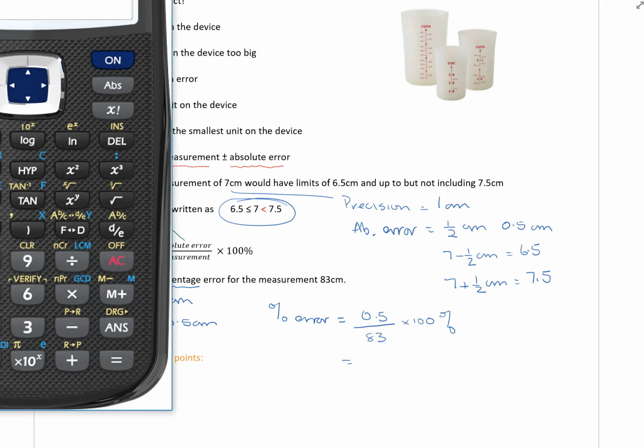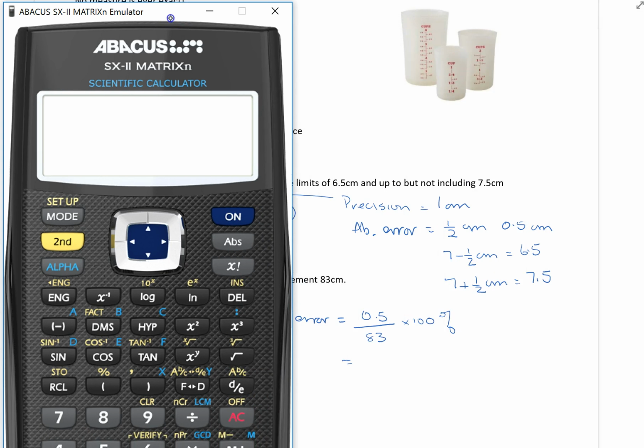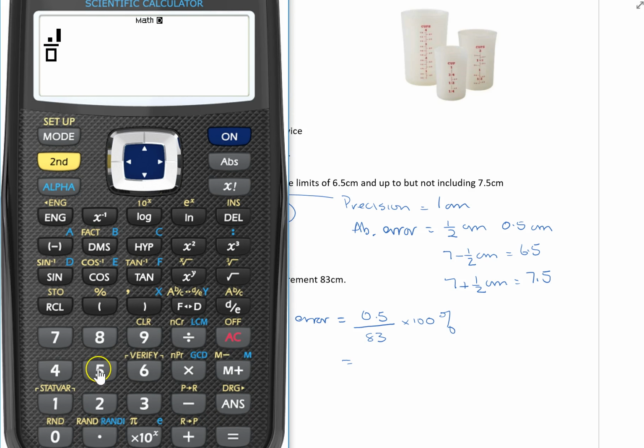We've got a fraction, 0.5 over 83. And we're going to multiply by 100.